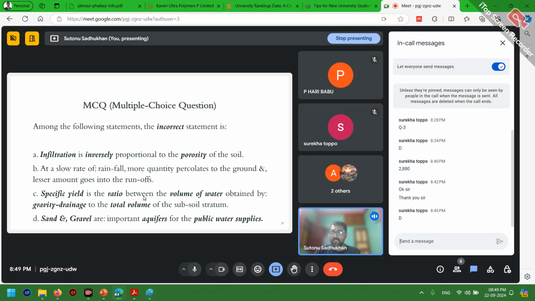Right? If you see option D, sand and gravel are important aquifers for public water supplies. I think it is also correct, because sands and gravels are used in sand filters or gravel filters, and where artesian wells are used for public water supply, the water can percolate easily through the sand and gravel layer.